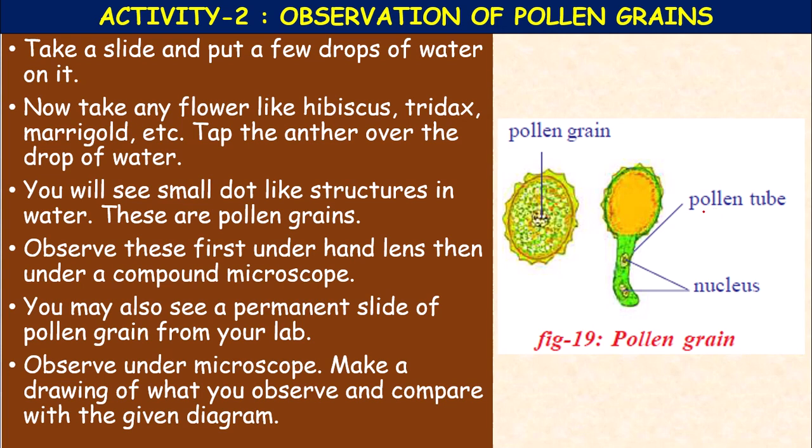Okay, and two nuclei. Okay, individually pollen grain. As soon as the pollen grain germinates, the pollen tube extends, or a pollen tube is the extension of the germinating pollen grain. It is helpful in the process of fertilization. That's why it is called pollen tube, or fertilization tube also you can call it. Okay.